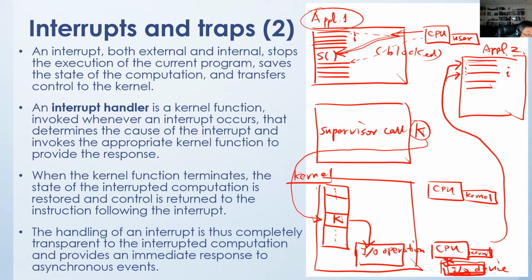Once the CPU receives the interrupt, the CPU is going to switch back to the kernel function. So when the data transfer completes, the device issues an interrupt to the CPU, then the CPU is going to stop application 2. It's going to stop here.